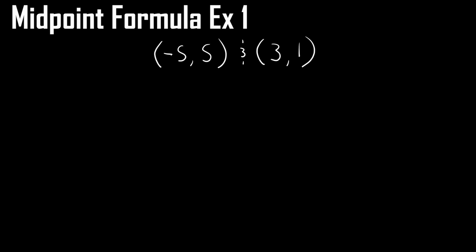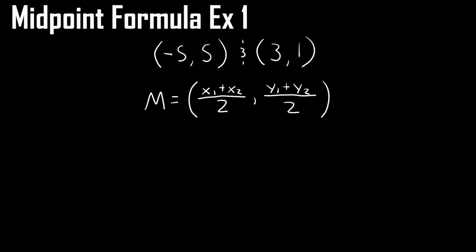So the formula is m equals the point x1 plus x2 over 2, comma, y1 plus y2 over 2. So let's label our points. We have x1, y1, x2, y2.